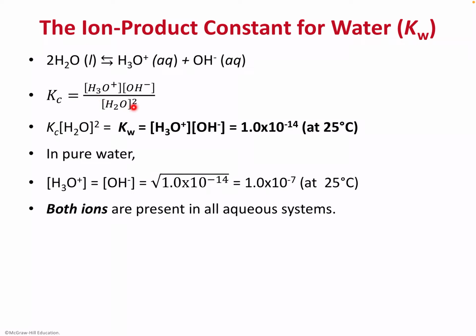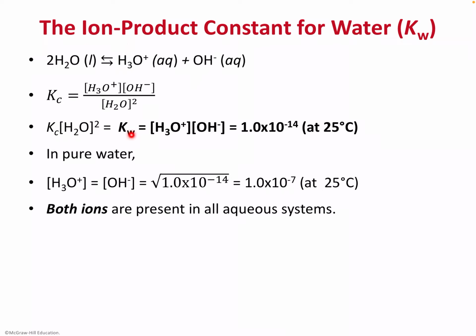Normally the concentration of water is huge, right, and we can consider it as a constant. So if you take this water raised to the power 2 to the same side as Kc, now we have this term Kc times the concentration of water raised to the power 2, and we can come up with a new constant to represent both of these called Kw, which is called the ion product constant for water.